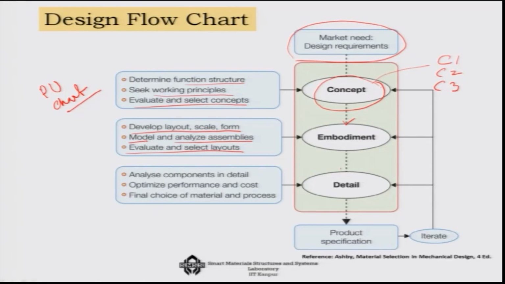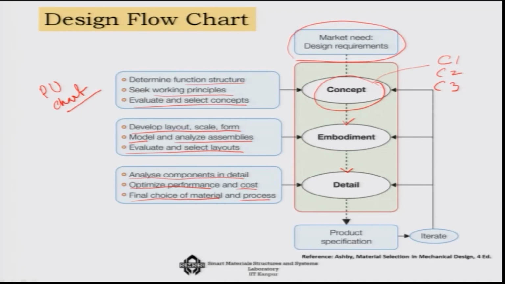Then you have to come to the detail, and in the detail part we are going to talk about each of the sub assemblies, look into it in details, then optimize the performance, minimize the cost and then choose the final set of material and the process.